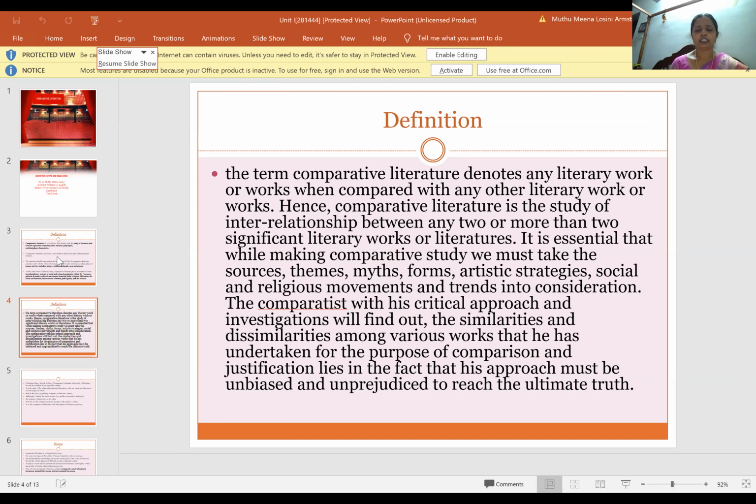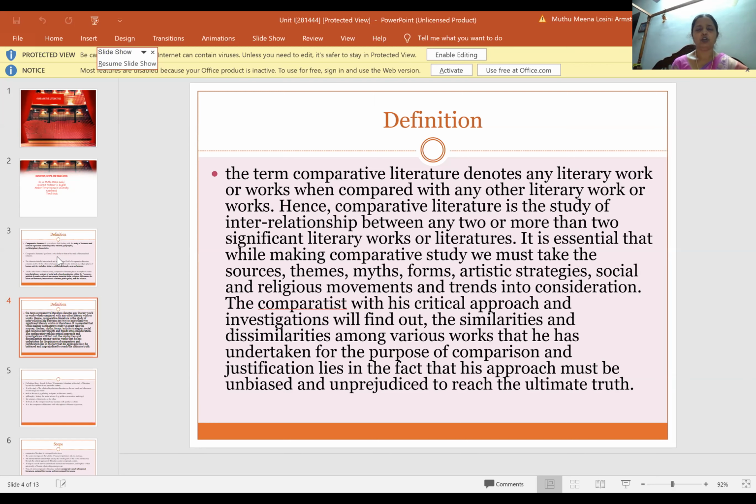The comparatist. Who is that comparatist? One who is comparing the literary work of art. So the comparatist, with this critical approach and investigation, will find out the similarities and dissimilarities among various works that he has undertaken for the purpose of comparison.